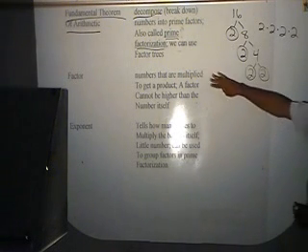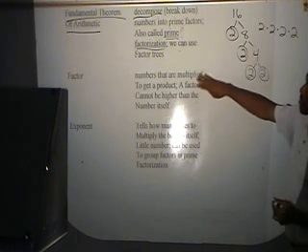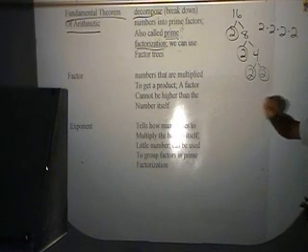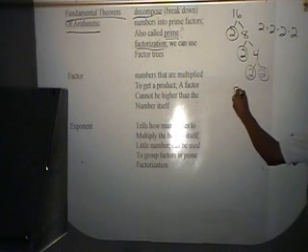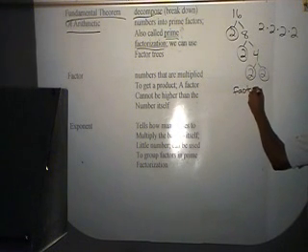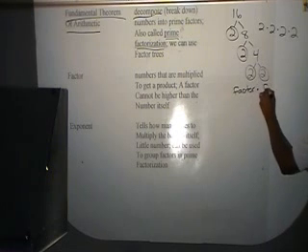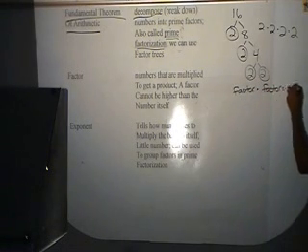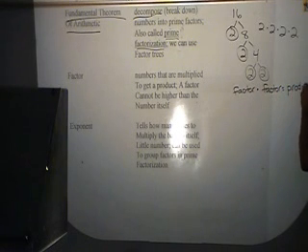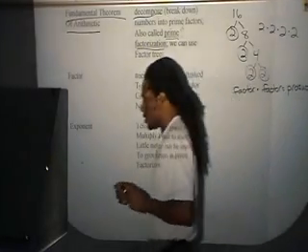Factors are the numbers that are multiplied together to get a product. So you multiply factor times factor equals product. Factor times factor equals product.